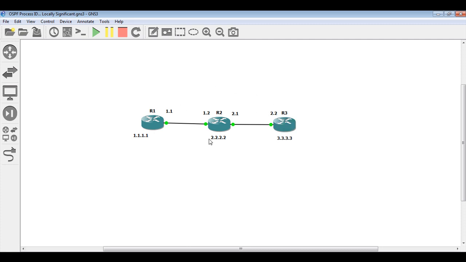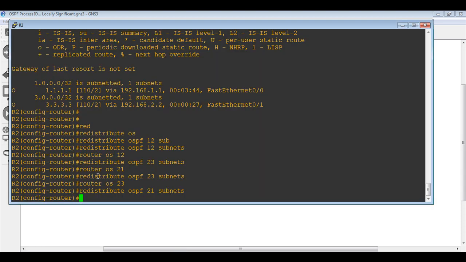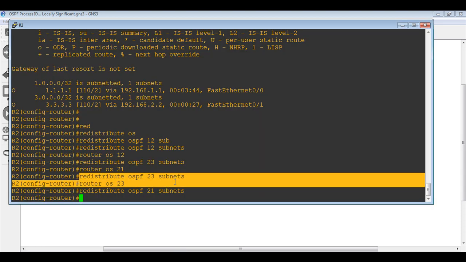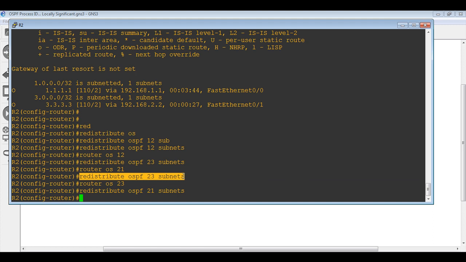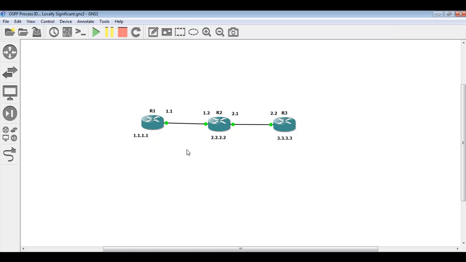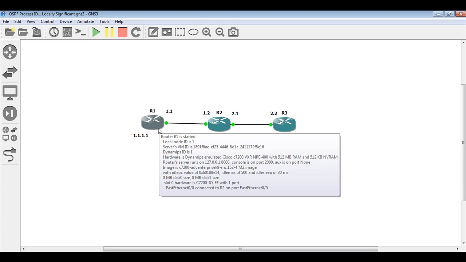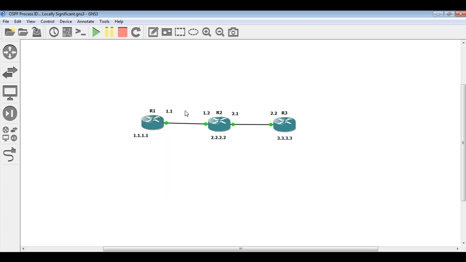So we will configure two different process IDs on the same router, and then when we configure redistribution on the router, we can add a route map or conditional. We should make the redistribution conditional, so that only some routes on this part will be advertised to this part, and also vice versa.